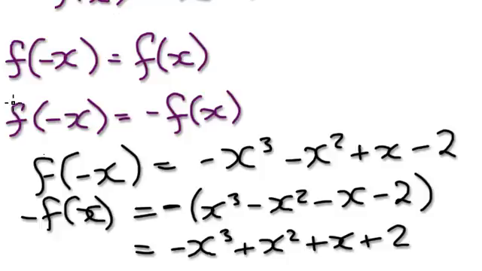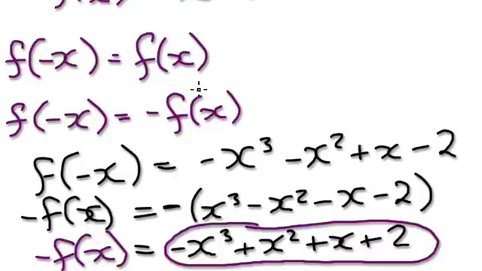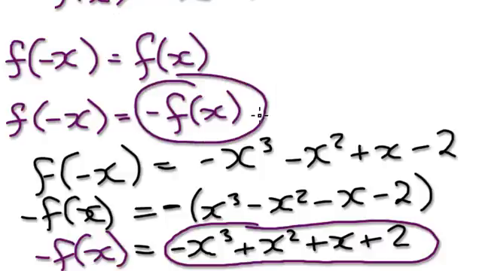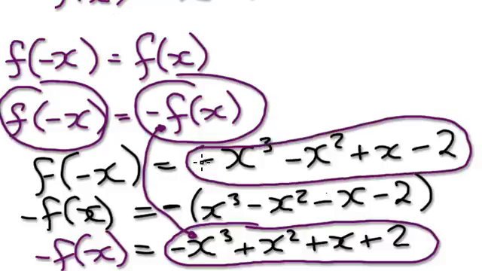The question is, well, does this equal, remember that this is here, minus f of x. Minus f of x is here, so this thing here is this thing here. Now this transformation here is this here. Okay, so this thing is this thing here.